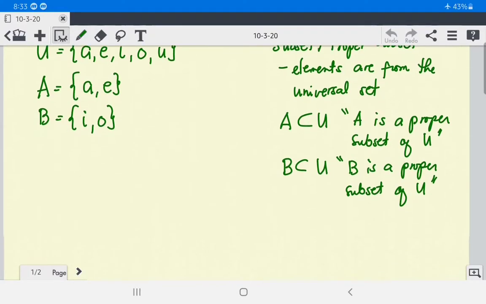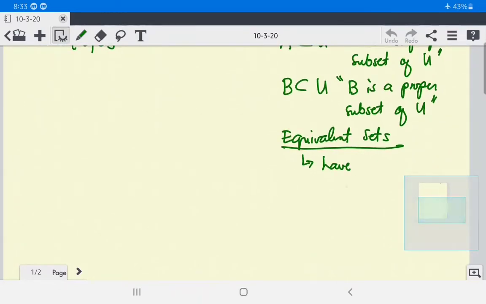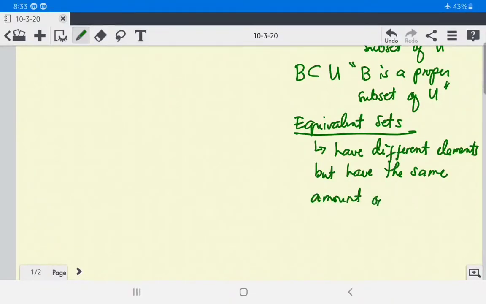When we say equivalent sets, these are the sets that have different elements but have the same amount of elements.